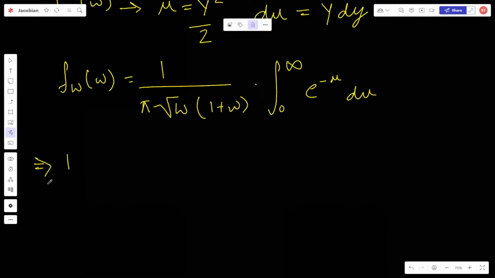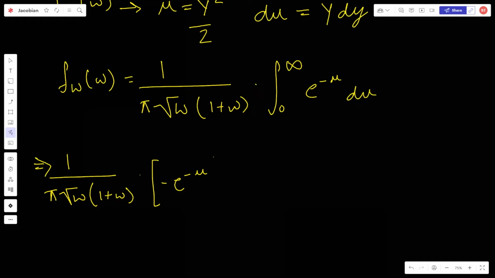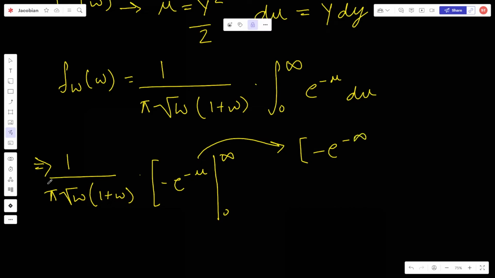This will give us 1 over pi root w times 1 plus w multiplied by negative e to the u, and we're going to have from 0 to infinity. So that would basically yield us negative e to the negative infinity minus negative e to the negative 0, and that should simplify to 1.